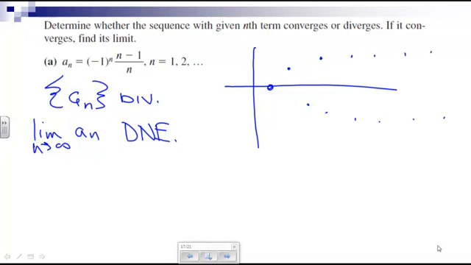Yes, Jordan. Would you say that an arithmetic sequence diverges all the time? An arithmetic sequence never converges unless d, the common difference, is 0. Correct. Okay? Would you say that the geometric sequence converges?